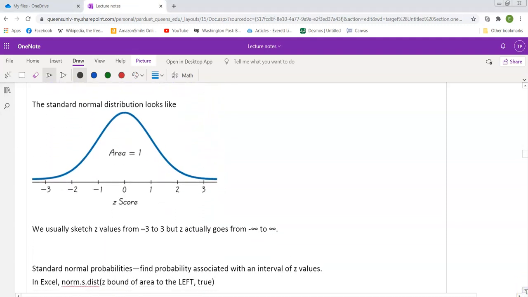So we said the normal distribution looks like a bell curve with the mean in the middle. Well, for the standard normal distribution, remember that the mean is 0, so 0 is going to go in the middle here. And we usually sketch values out 3 standard deviations in either direction from the mean.